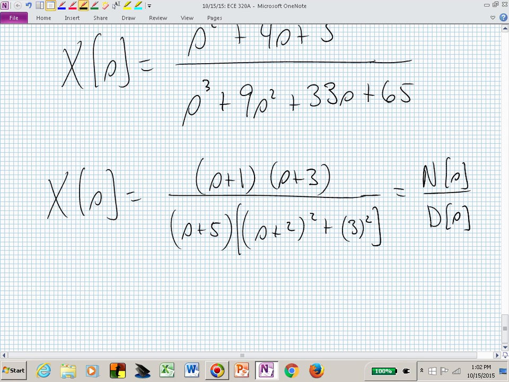What kind of terms do you see in little x of t? So now you have an e to the minus 5t piece, and what else do you have?